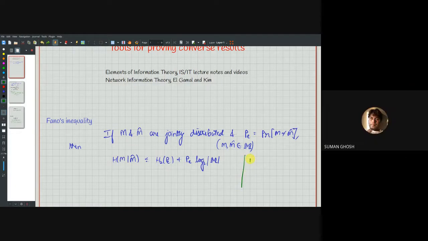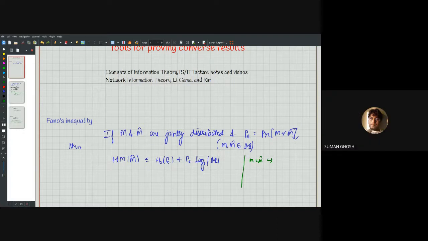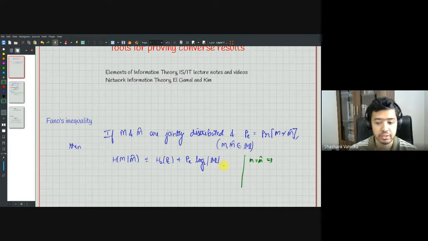H of m, if m is equal to m hat? Sir, entropy will be zero. Yes, it will be 0. So if m is equal to m hat with probability 1, then h of m given m hat will be equal to 0.